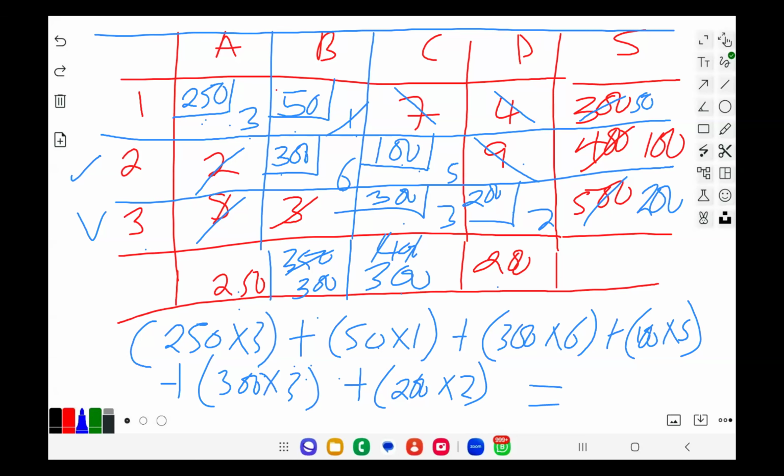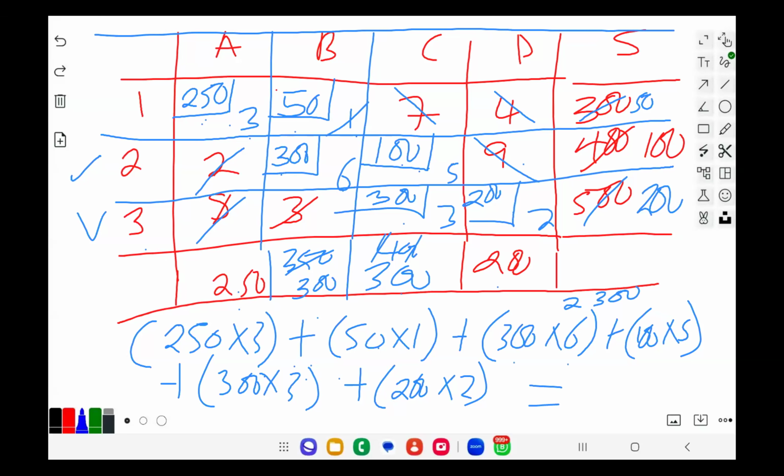900 plus 400 is 1,300 as well, right? This is 2,300, not 1,300, because this will be 1,800, 1,800 plus 500.